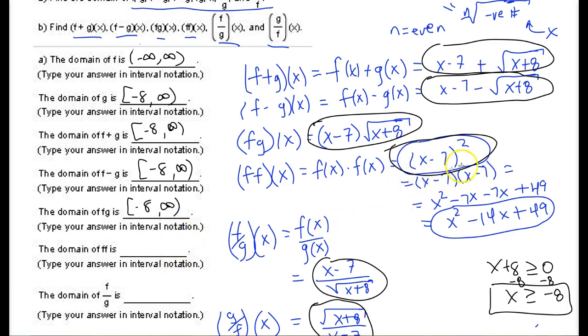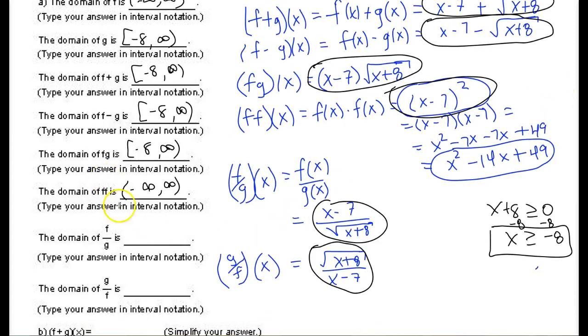For f times f, we notice here that, again, we're not dealing with any square roots. We do have something squared, but there's no square roots. So we don't have the second restriction to worry about. And of course, we're not going to plug in anything that makes our denominator 0. So the domain of the product of f and f is going to be all real numbers.